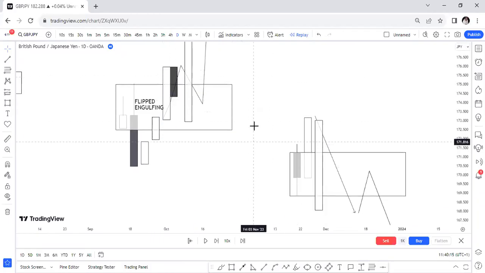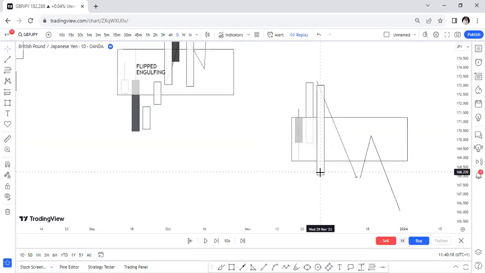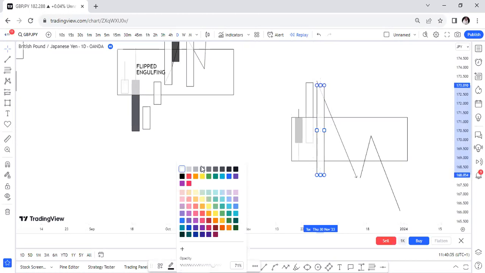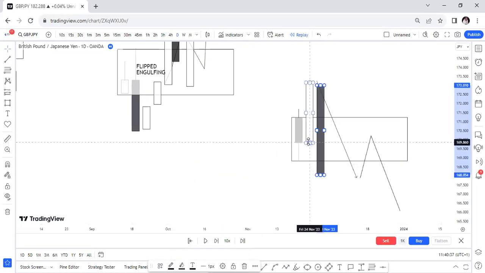You want to see a close with a body below it. The body represents the volume. So you want to see a body close below it. That confirms a change in hand, a change in structure. There's a change in structure now from bullish engulfing to a new bearish engulfing. Can you see now?